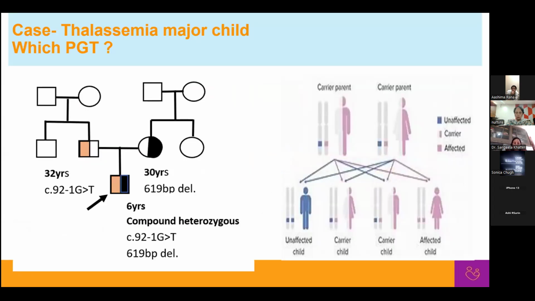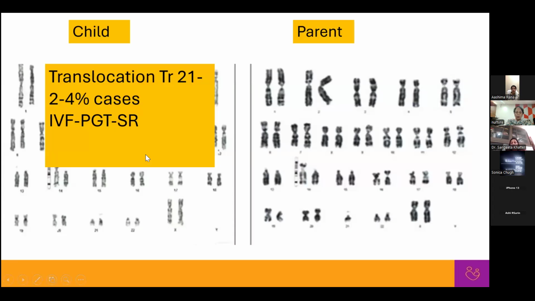I hope it's clear. And now, Sangeeta, we go back. Yes, ma'am. And this child, if one of the parents has this kind of chromosome, this child can have monosomy also, monosomy 21 also. Monosomy or trisomy, ma'am.